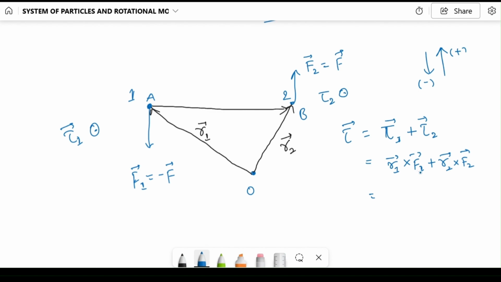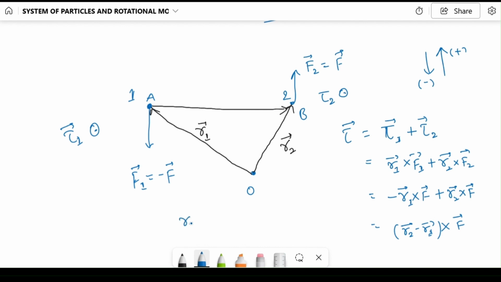So this is minus F, and this is F. So we have here minus R1 cross F plus R2 cross F, and we can take this cross F common, and then we will have R2 minus R1, and this R2 minus R1 is nothing but this vector AB.